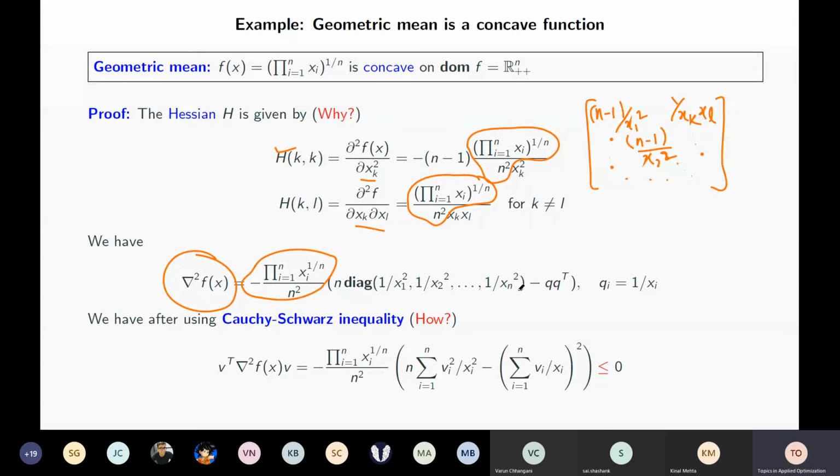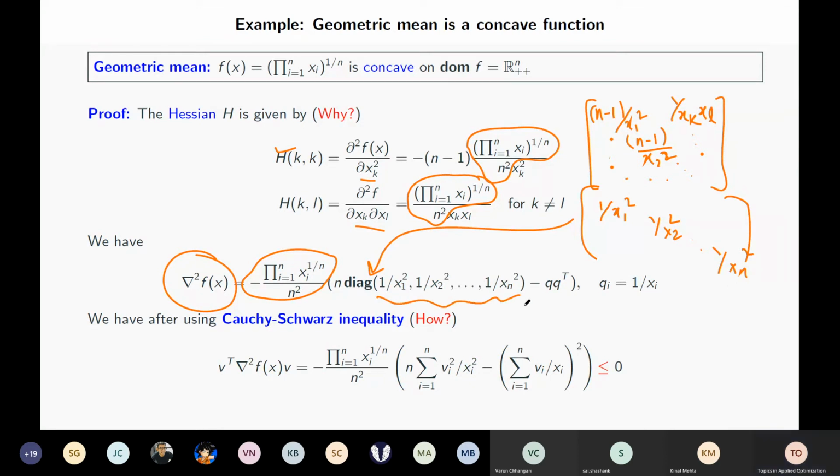So we are again trying to rearrange things in a certain way. If you forget other things, on the diagonal we have terms like this, up to x n square. So we make a diag of this vector, which will become a matrix like this.